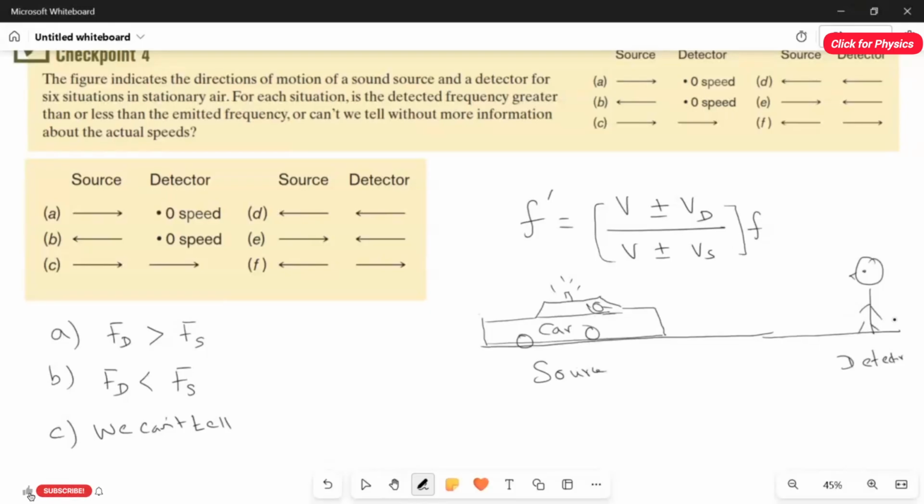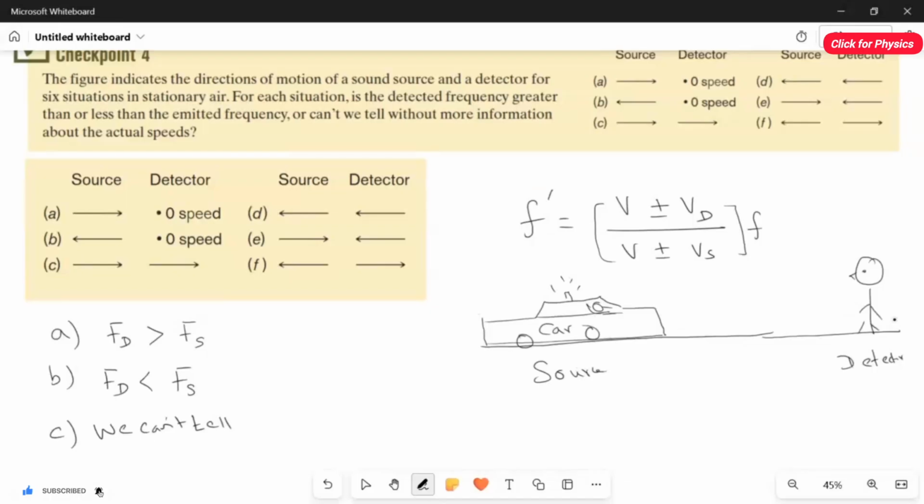Whether the detected frequency is greater or the source frequency is greater, we cannot tell for this diagram, because the speeds of both the detector and the source must be given. But in this diagram, they only give that both are moving in the right direction. So proper information is not given, and we need more information to answer this question.